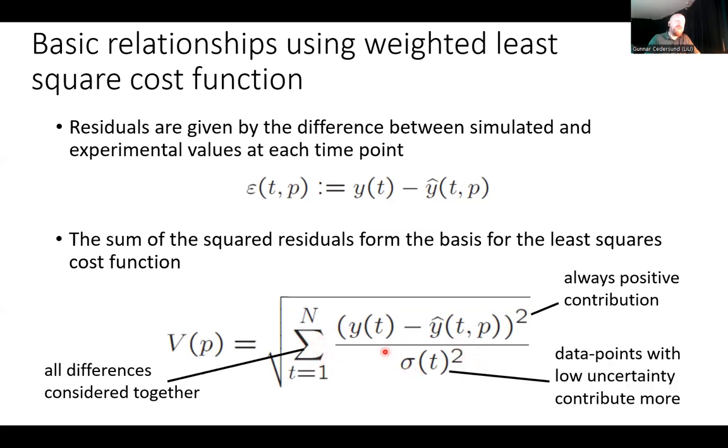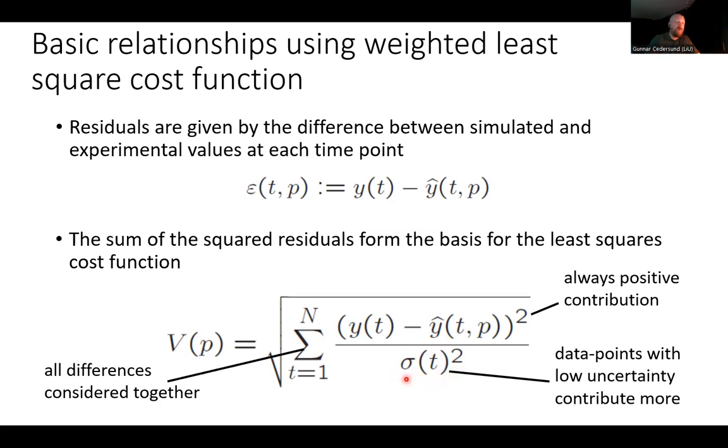And then here comes the sigma, which is the uncertainty of the measurement data. This is the standard deviation of the measurement uncertainty. And you divide with that, because if you have a low sigma, you have a well-determined data point.